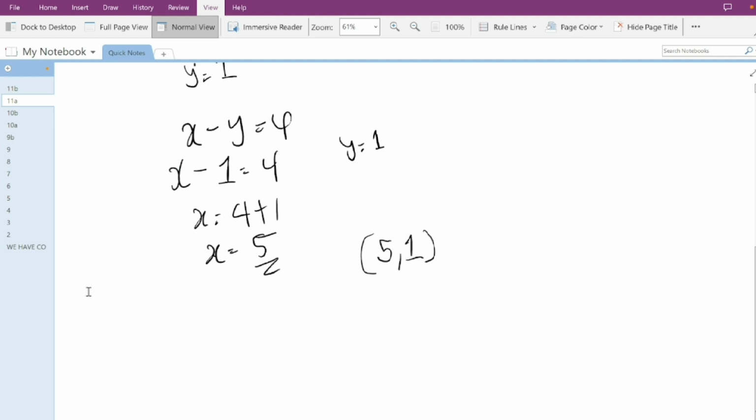And remember, from the upper part, we knew that the line we're looking for, the equation of which we need to find the gradient first, also went through the point of origin, which is 0, 0. So another point is 0, 0. The second point is 5 and 1. So the new line crosses the point 0, 0, and also x is 5, y is 1. And with these 2 points, we can find our gradient.